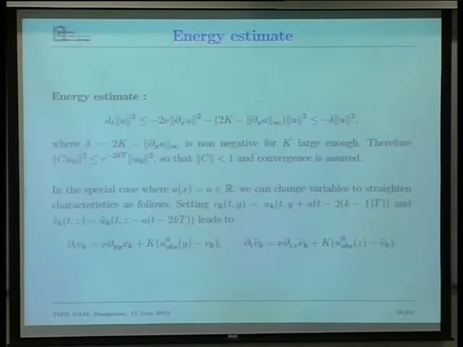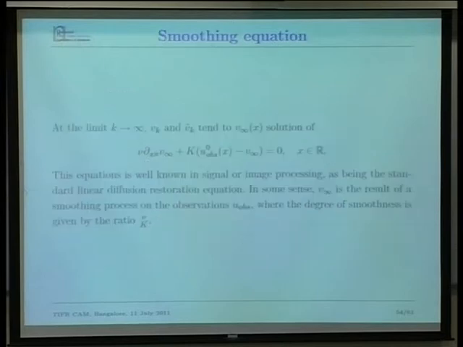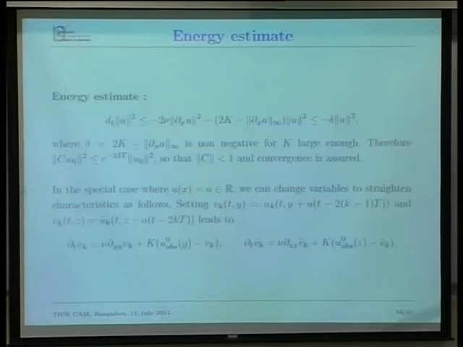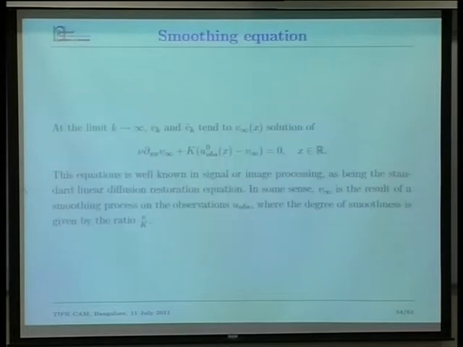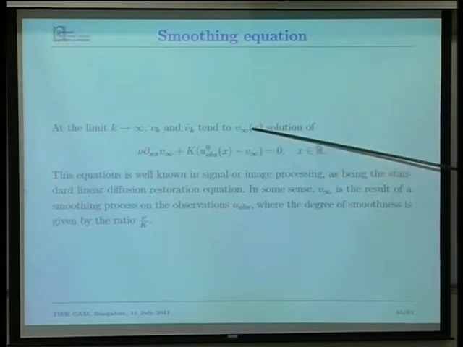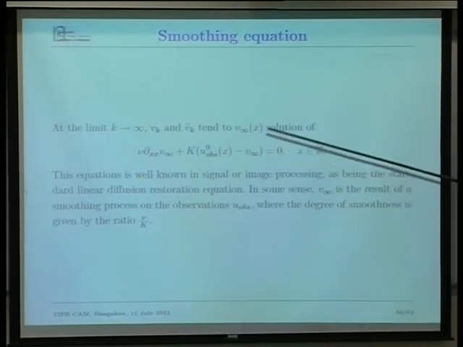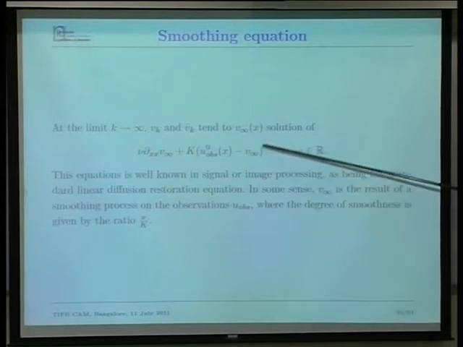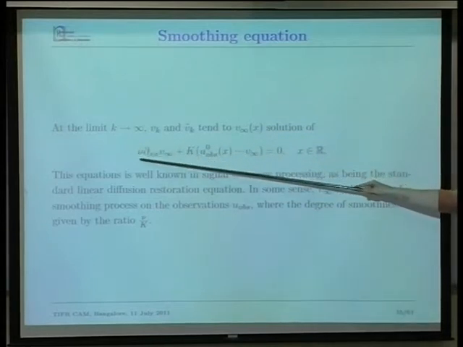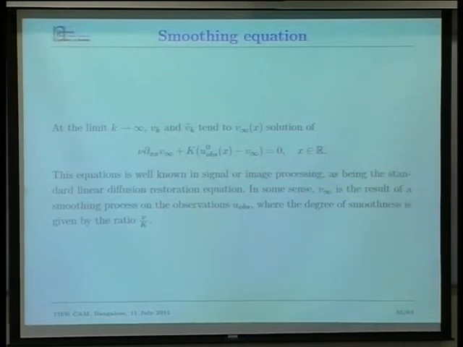In the special case where you use constant transport, you still have convergence, of course, because it's very easy, because here it's equal to 0. So for any non-negative k, you have convergence with the exponential decrease. And at the end, the solution is this one. You have convergence of the forward and backward solutions to this solution V infinite, which is a solution of a quite well-known equation in image processing.